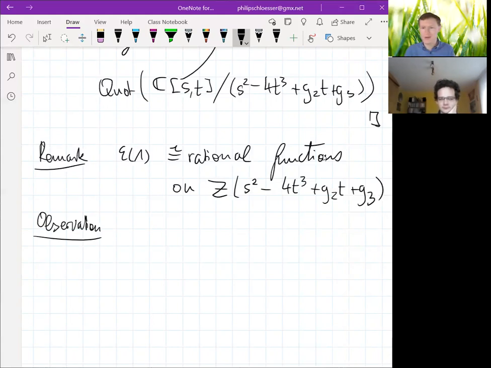Well, meromorphic functions are not necessarily surjective, but almost surjective. There are only very few points that meromorphic functions in general don't touch. So if we are given such a curve, we can always find a lattice such that this curve is realized.